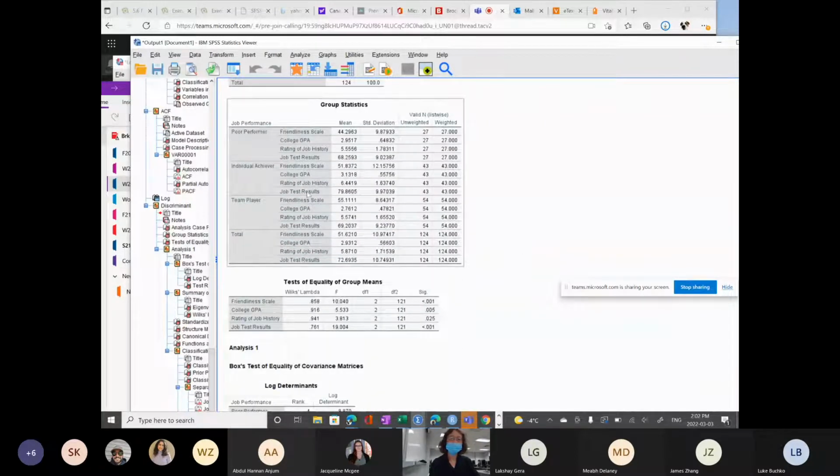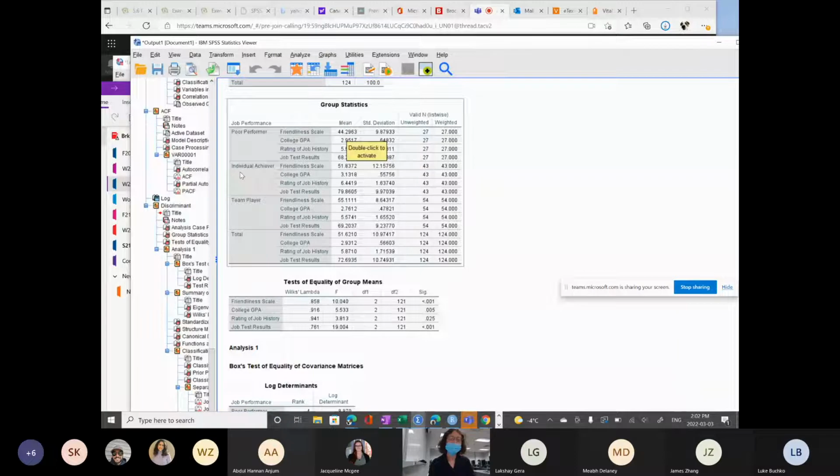And for group statistics, it is also obvious. Remember, we have 3 groups. So for the first group, poor performer, the average for friendliness is 44. The average for college GPA, 2.95, etc. Okay, so that is for group 1.